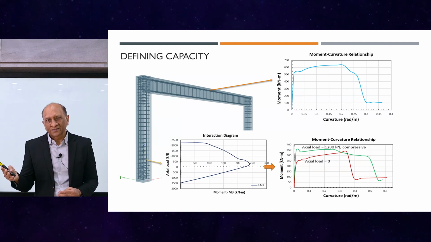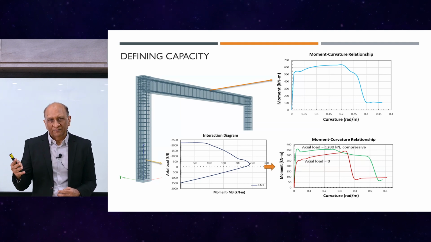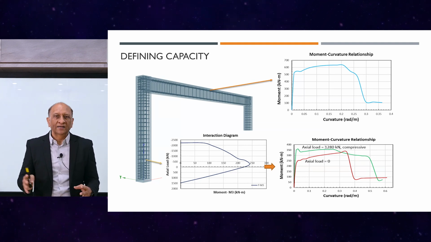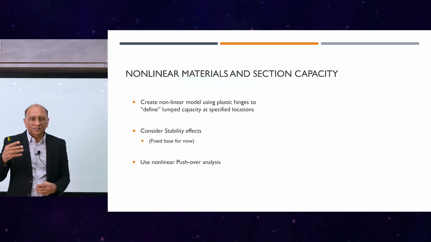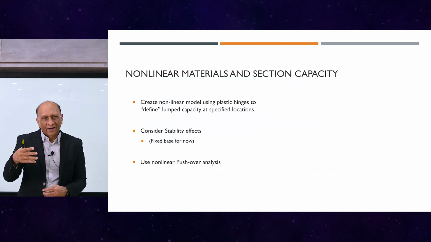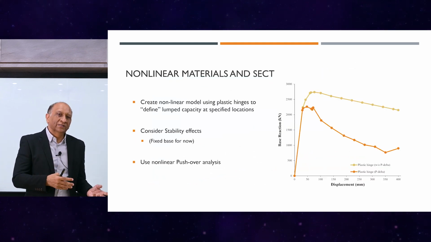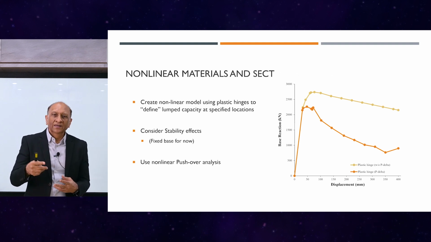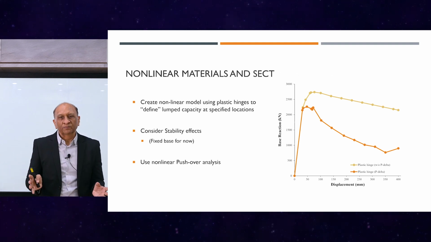And then if you increase that further to a 4% drift, which is roughly the MCE level for a very well-detailed frame, you get the force factor of what, 8. This corresponds now to the omega, to the R, and to the MCE, and to the DBE level. So this is how we could roughly generate these factors for an idealized simple frame.